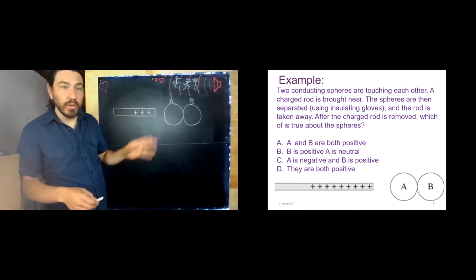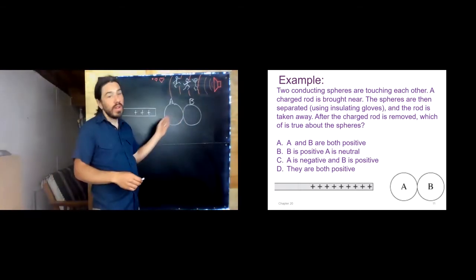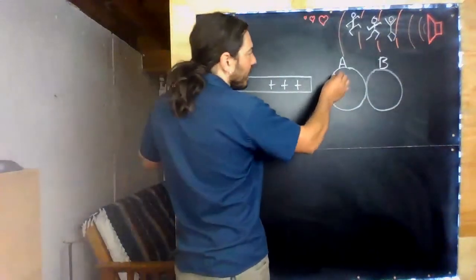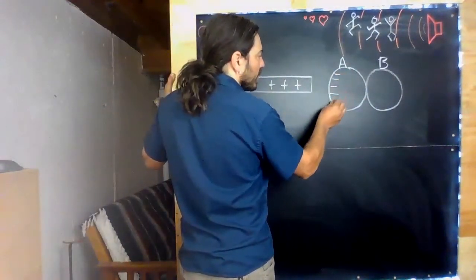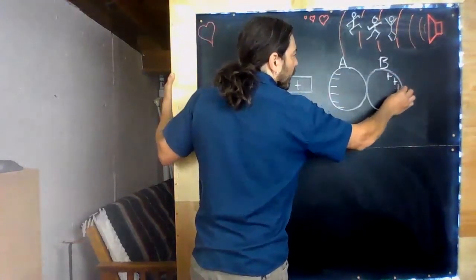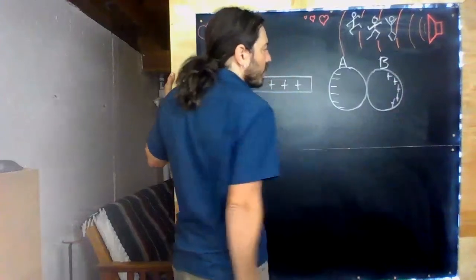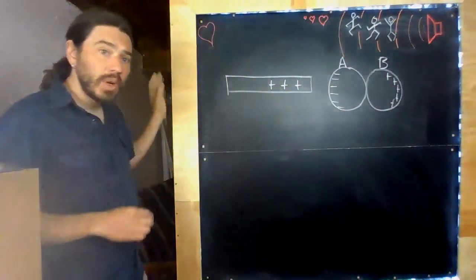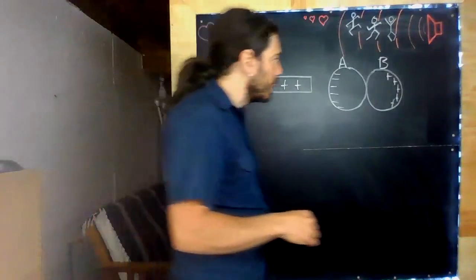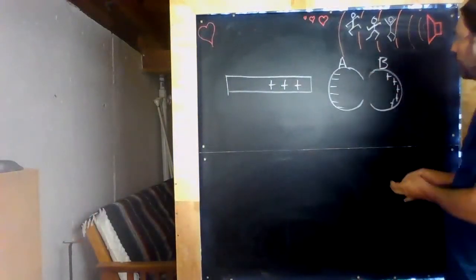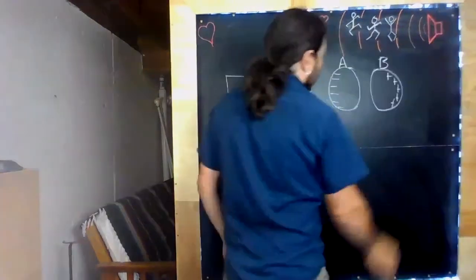So the charges are free to move. Since they're touching, they're free to move from one sphere to the other. So where will the negatives go? Well, the negatives will try to get as close to these positives as they can, and the positives will try to get as far away as they can. So that's the situation with the rod brought near. Now, I'm going to use my insulating gloves to come in over here and separate these two spheres just a little bit.